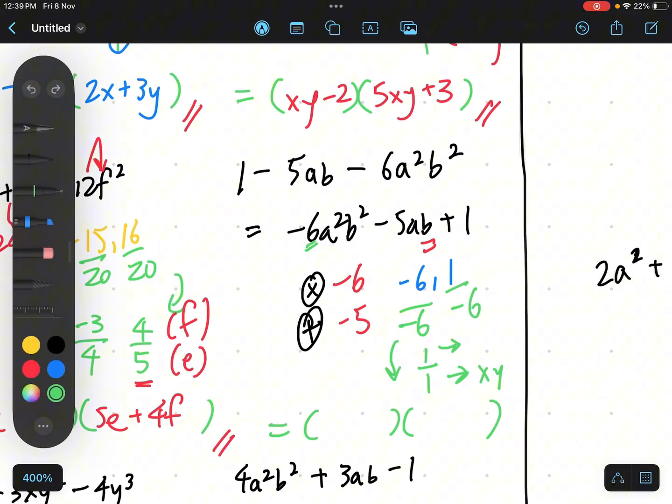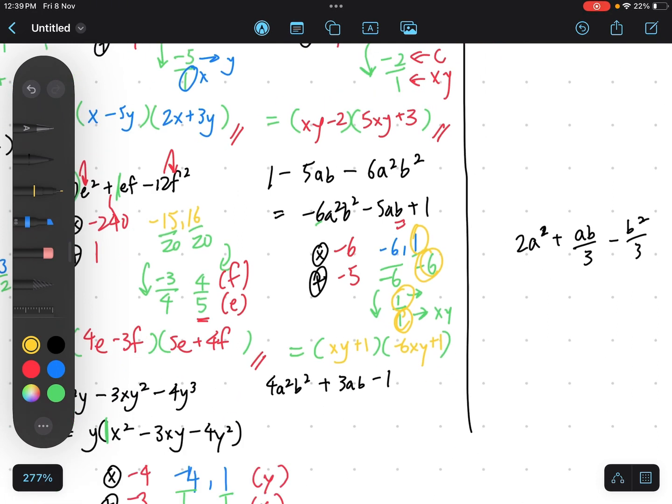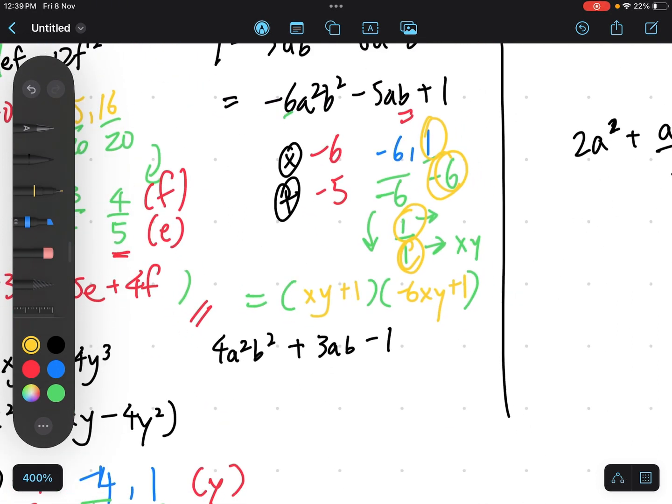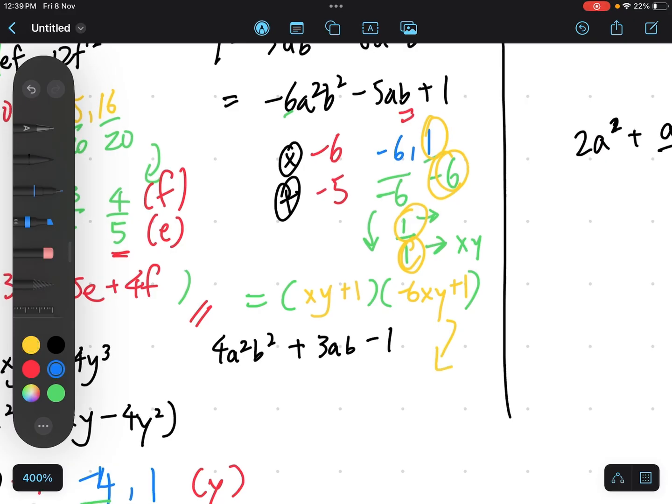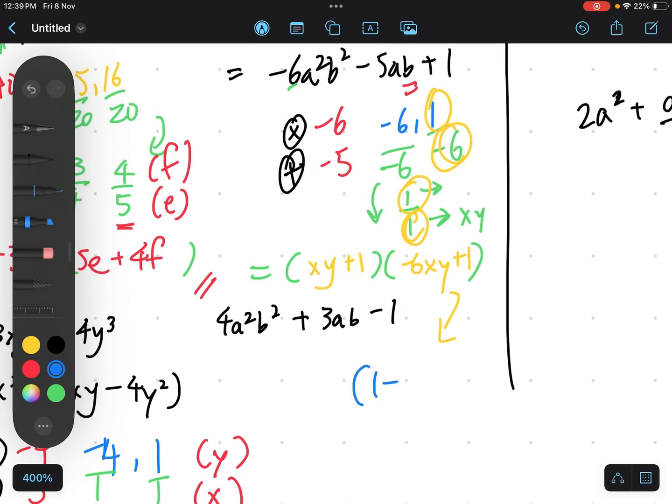So now after you get that, 1xy plus 1, then minus 6xy plus another 1. And so this will be an answer, or if you like, you'll rewrite this a bit nicely as 1 plus xy and 1 minus 6xy. So that's your answer.